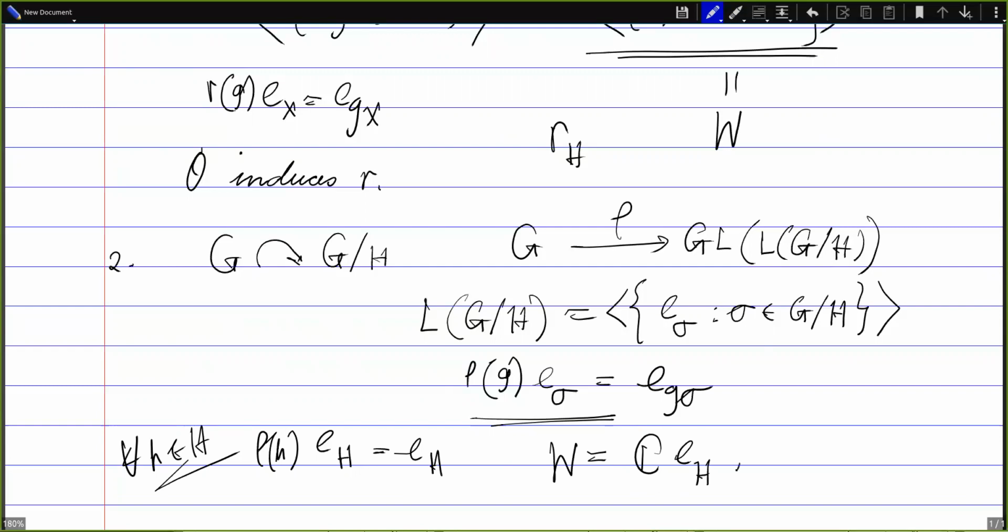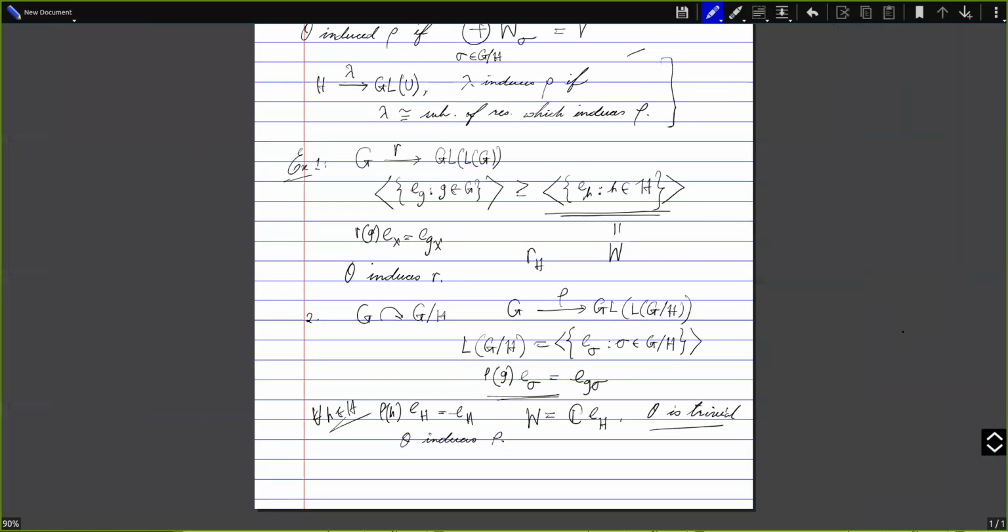Let's denote that by theta. So basically theta is a trivial representation. The subspace is H invariant, and the generating vector is fixed for every H. Then I leave it to you that theta induces rho.